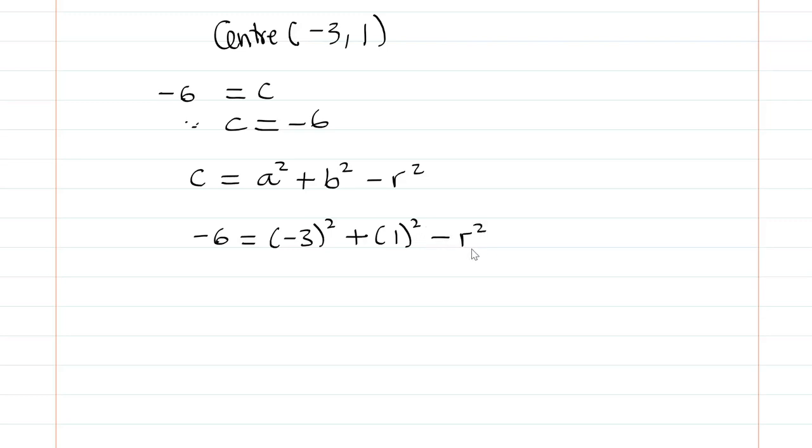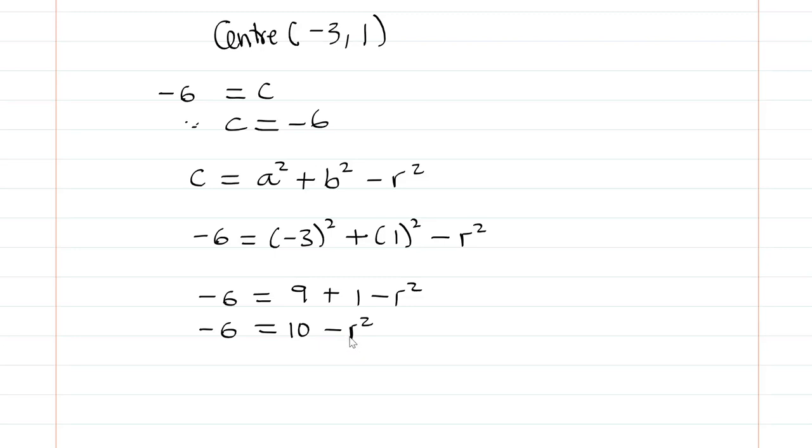We are looking for the radius now. So on simplifying this, I will have negative 6 equals to negative 3 squared is positive 9 plus 1 minus R squared. Therefore, here I will have negative 6 equals to 10, right, minus R squared.